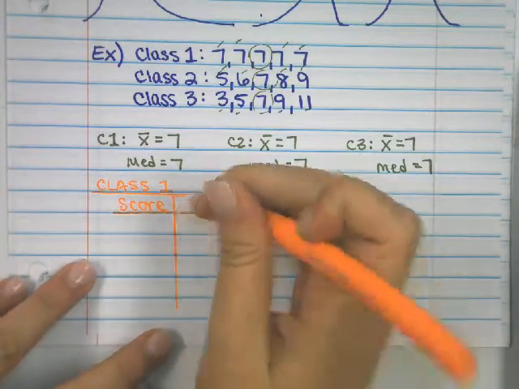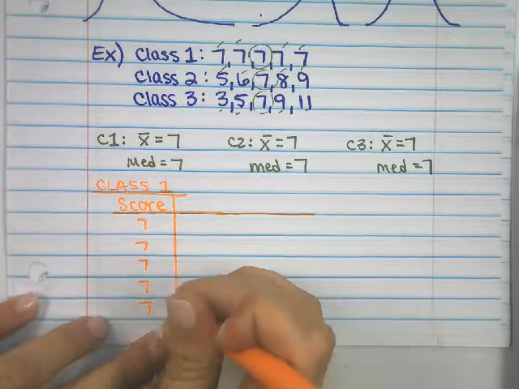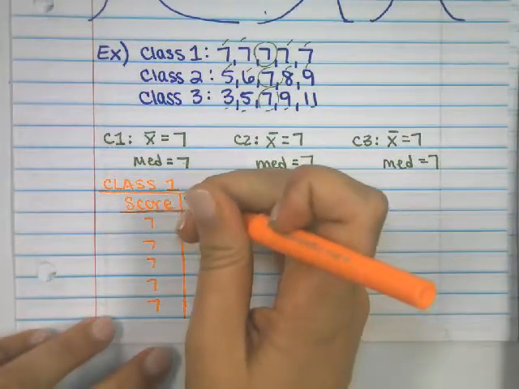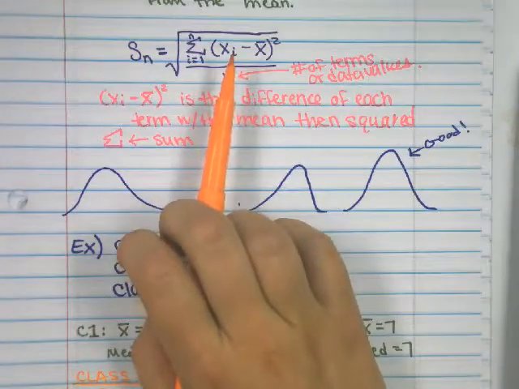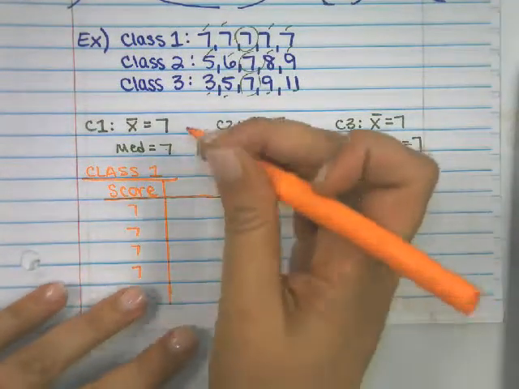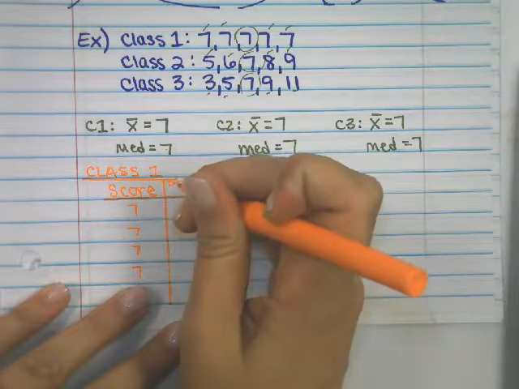So we do score. Our scores were all 7s, so 5 7s. Then we have our deviation. The first thing we need to do is take our score and subtract the mean from it.